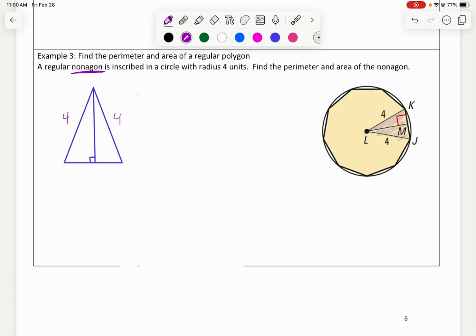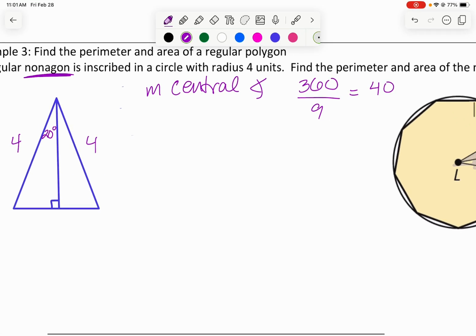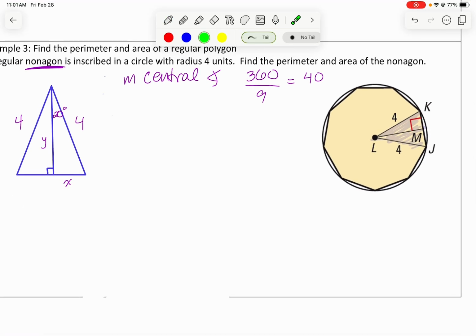So please find the measure of the central angle, which is going to be 360 divided by 9, which is 40, which means then each of these angles is going to be 20 degrees. All right, and then let's label x and y, and then go ahead and set up, take a moment, pause, and do this problem on your own, and then come back and we will talk through it.